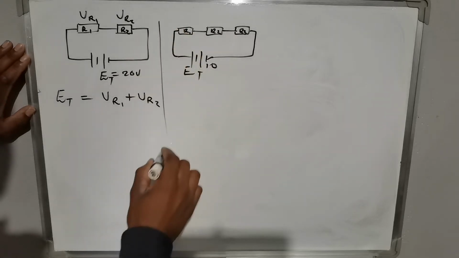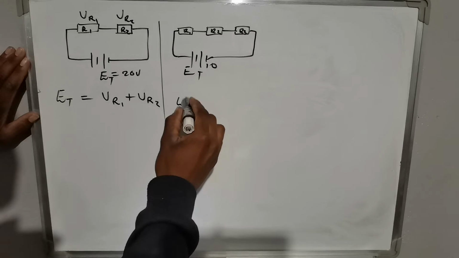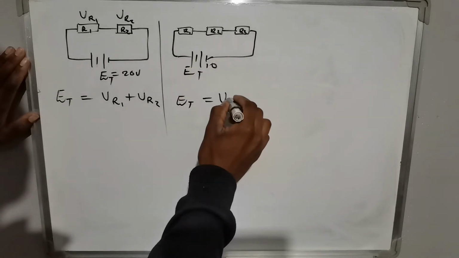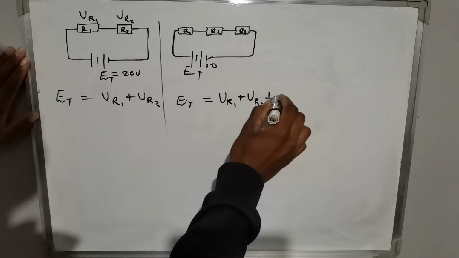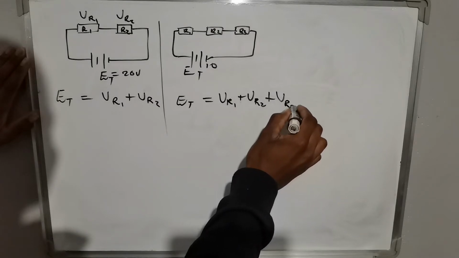We are just explaining what this guy found. The total EMF yethu lana is equal to the volt drop across R1, volt drop across R2, volt drop across R3.